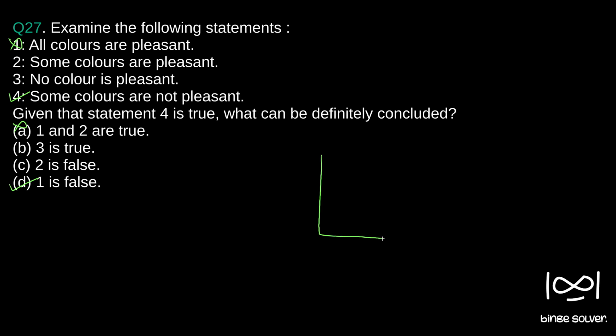If you put it in a Venn diagram form, say this contains all the colors, and all we have is information about some colors. Say inside this circle, we know that they are not pleasant. This is the information we have. We don't know whether the other colors are pleasant or not pleasant. Maybe all these colors are not pleasant. Maybe all these colors are pleasant. Maybe these colors have both pleasant and not pleasant in them.